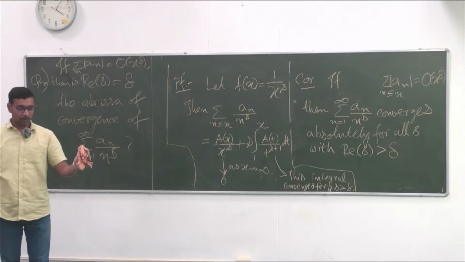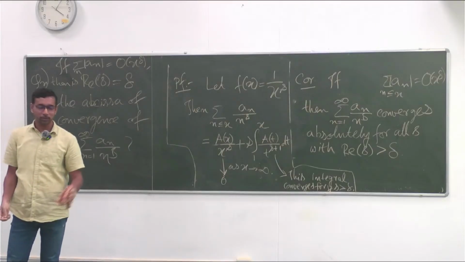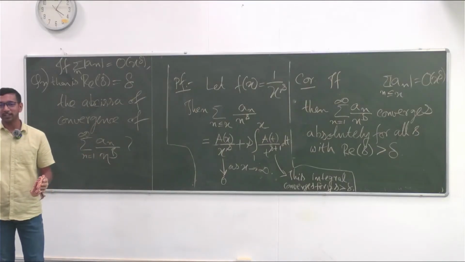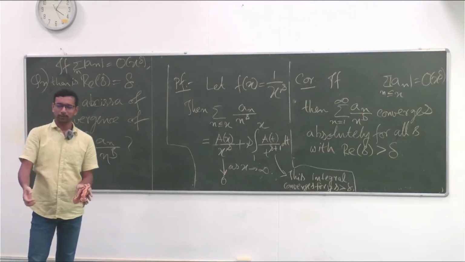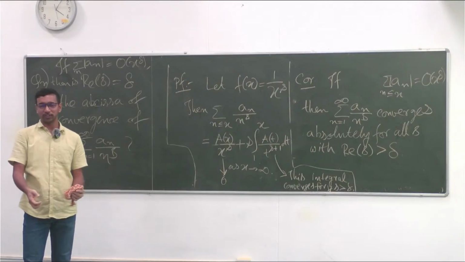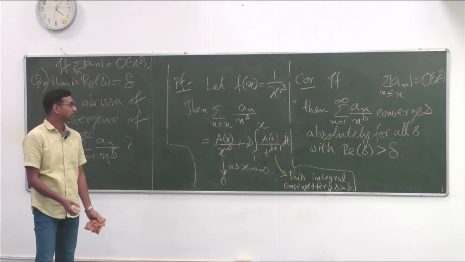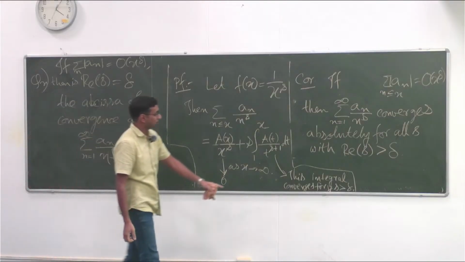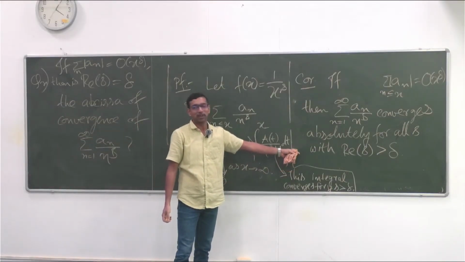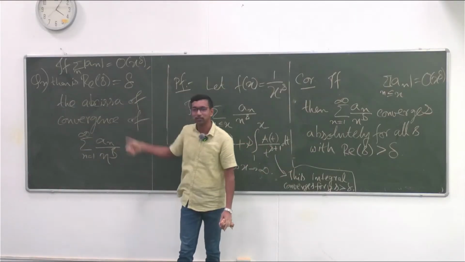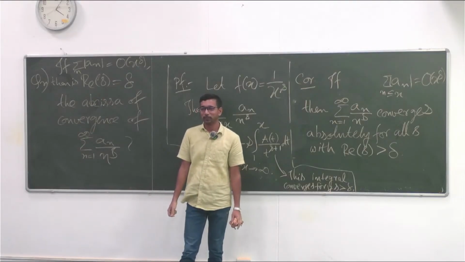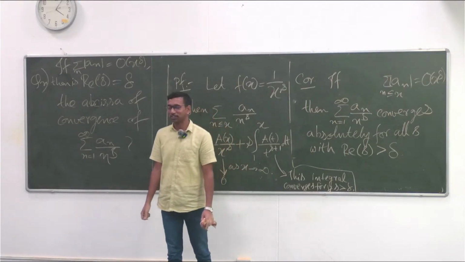Right. So it is a right half plane in which the Dirichlet series converges, and it is the boundary of that right half plane. Now, whatever information you have from here, does it imply that this line is the boundary of that? It's not.